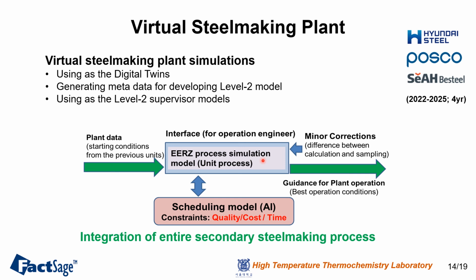In this way, we believe that we can replace the level 2 model in the plant with our process simulation model. Recently, we started a project with Hyundai Steel, POSCO, and SSAB in Korea to prove this concept.